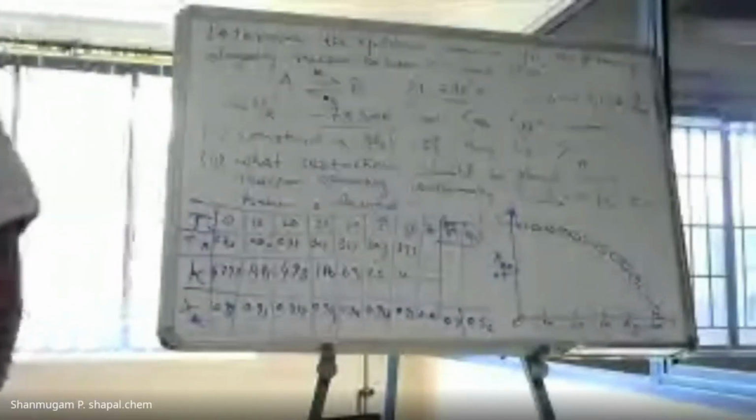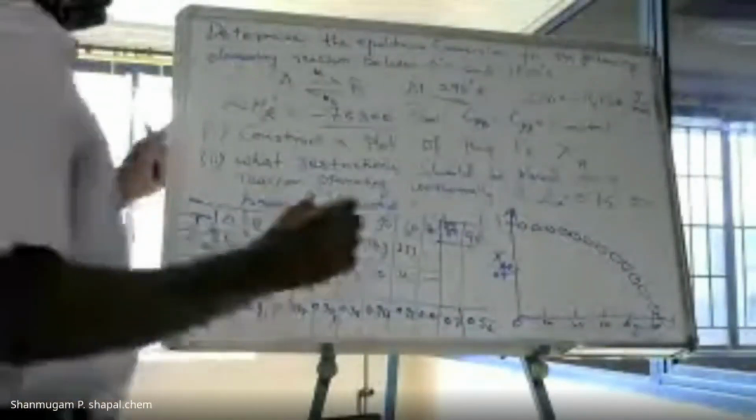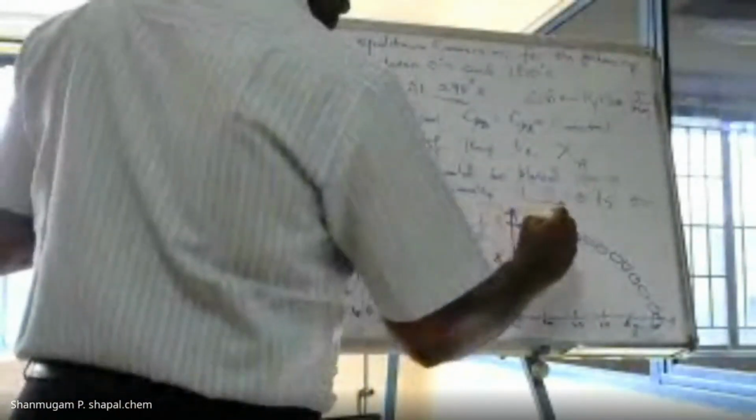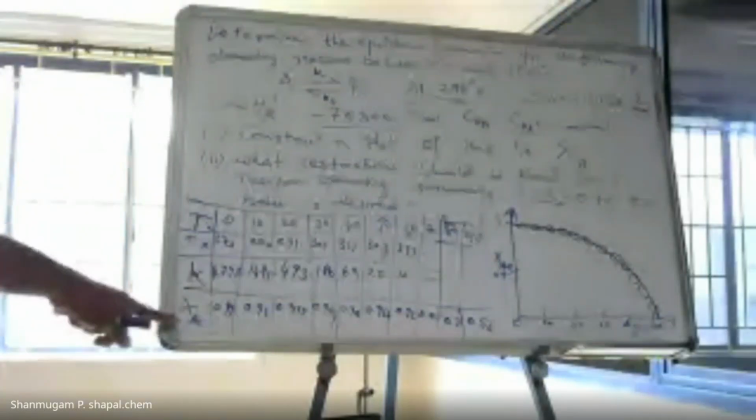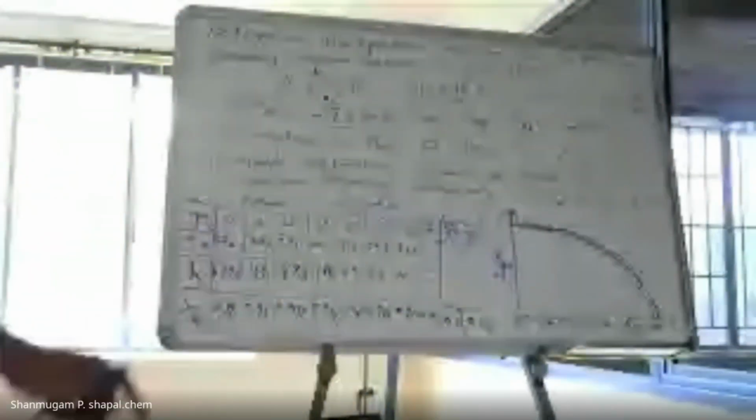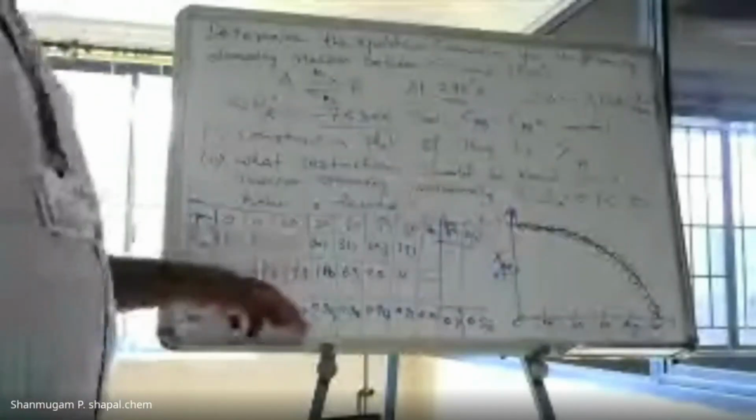Once you get the points like this, you draw the line. So this is the graph between conversion and temperature.